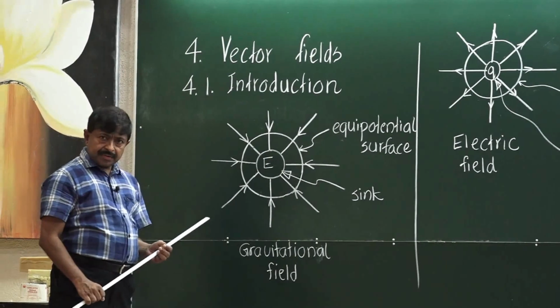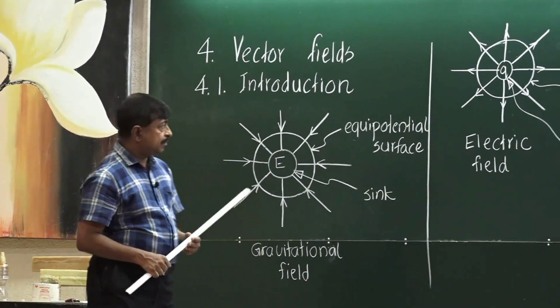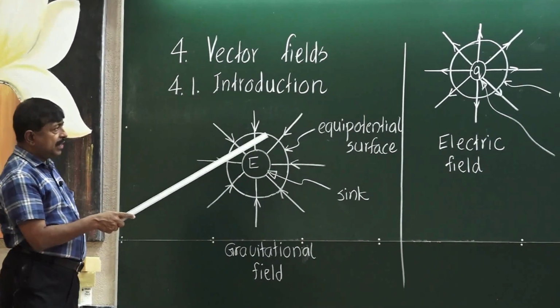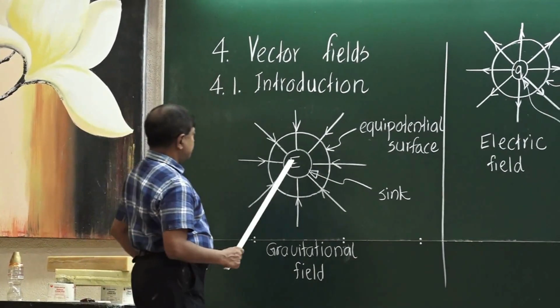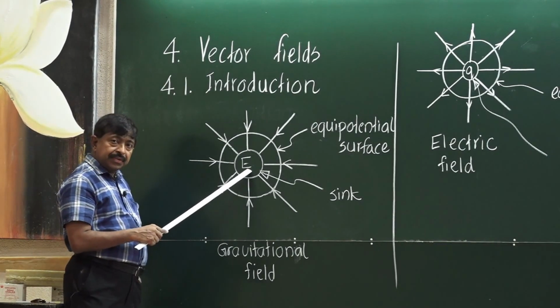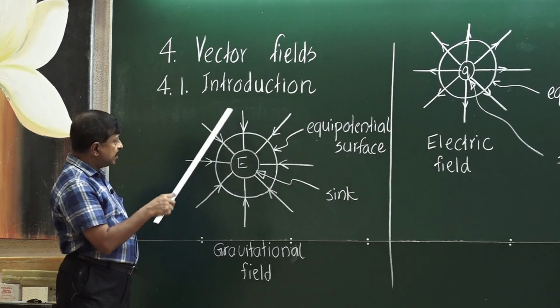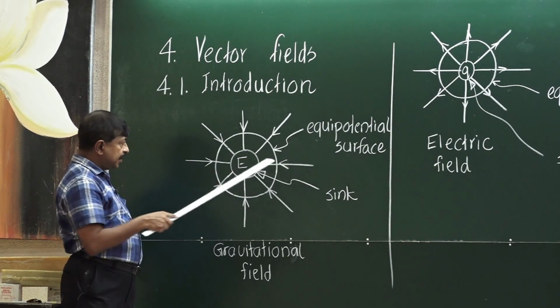At first, we will go through the familiar vector fields like the gravitational vector field, the electric field, as well as the magnetic field. Now, let E represent the earth. The gravitational vector field has this shape; these are the field lines.